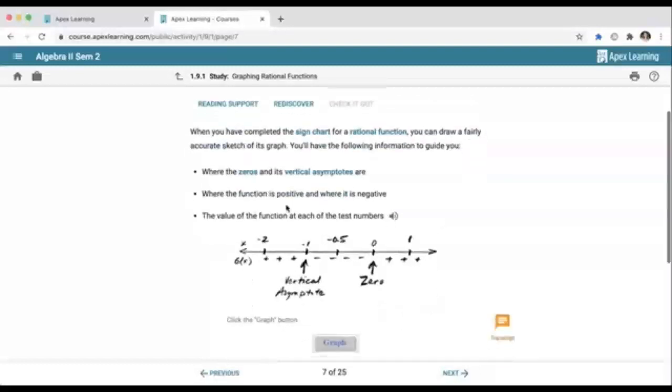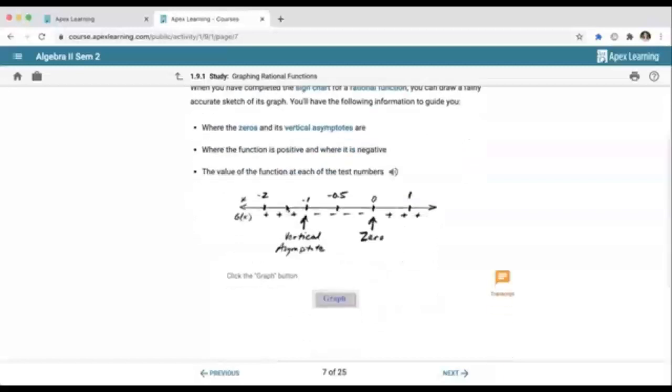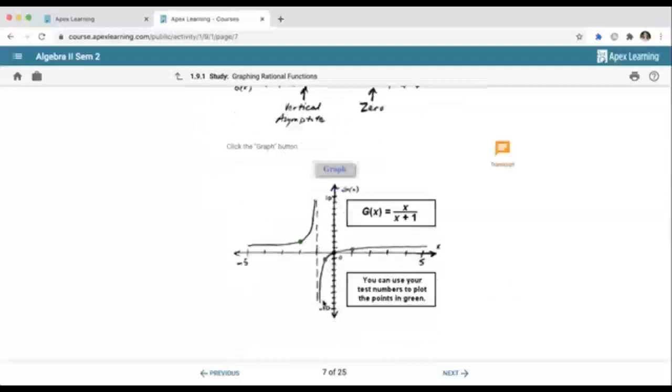We now know where the zero and vertical asymptotes are, where the function's positive and negative, and we know the value of the function at each of our test numbers, right? So we knew what -2, -0.5, and 1 would look like. So we could fill in those general points and see the general shape of my trend.